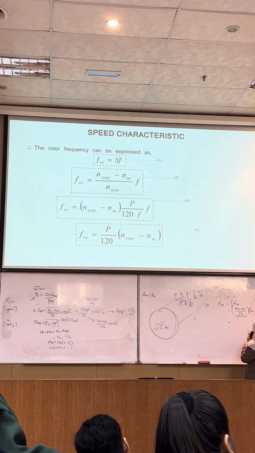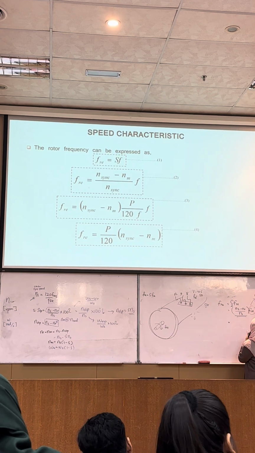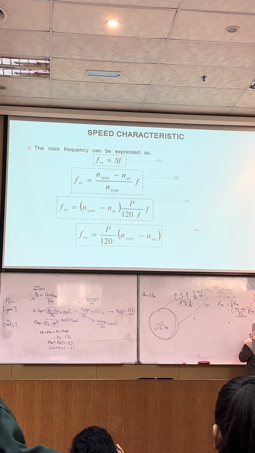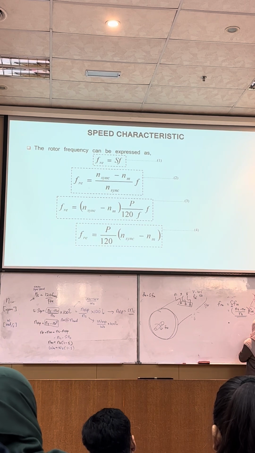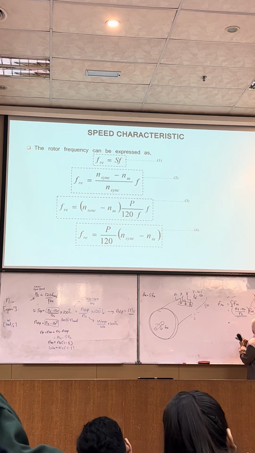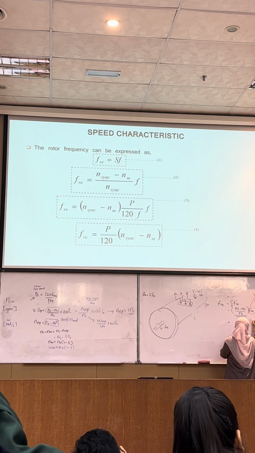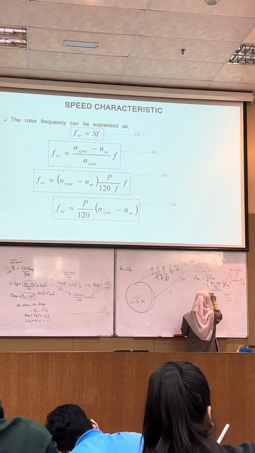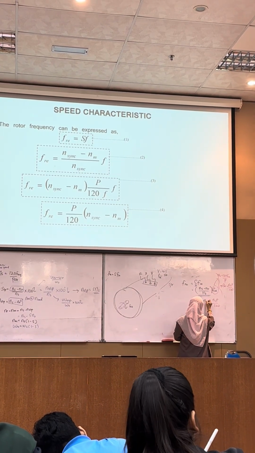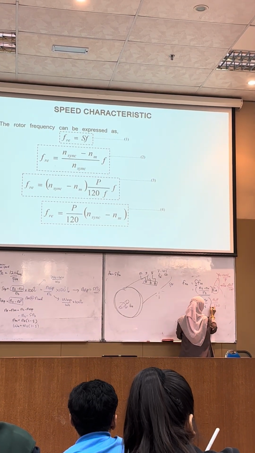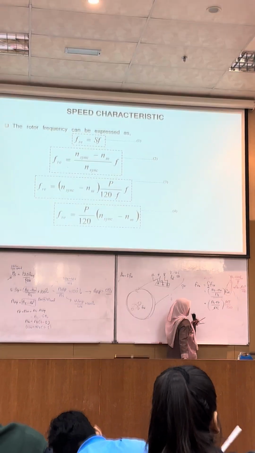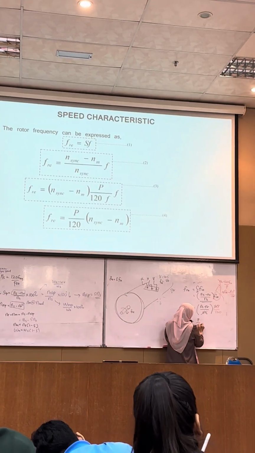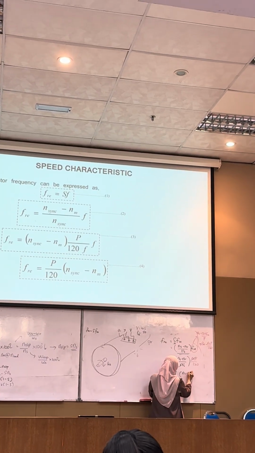So kita replace dia, jadi this equation will be FSE NS V over 120 kan. Now isi bawah V over 120 NS minus NR over NS. Cancel out lower part and upper part, and you have V over 120 NS minus NR.